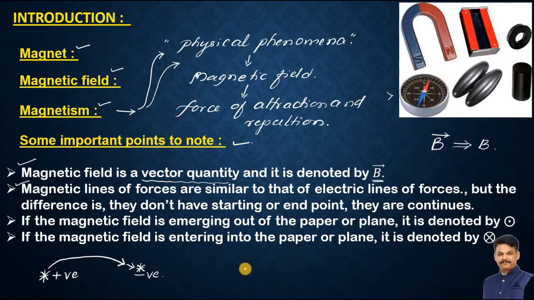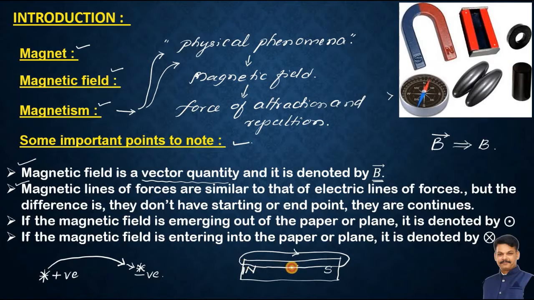But dear students, in the case of a magnet, what happens? If we have a magnet, the magnetic field lines start from the North Pole and reach the South Pole, but they do not end at the South Pole. They continue inside the magnet.